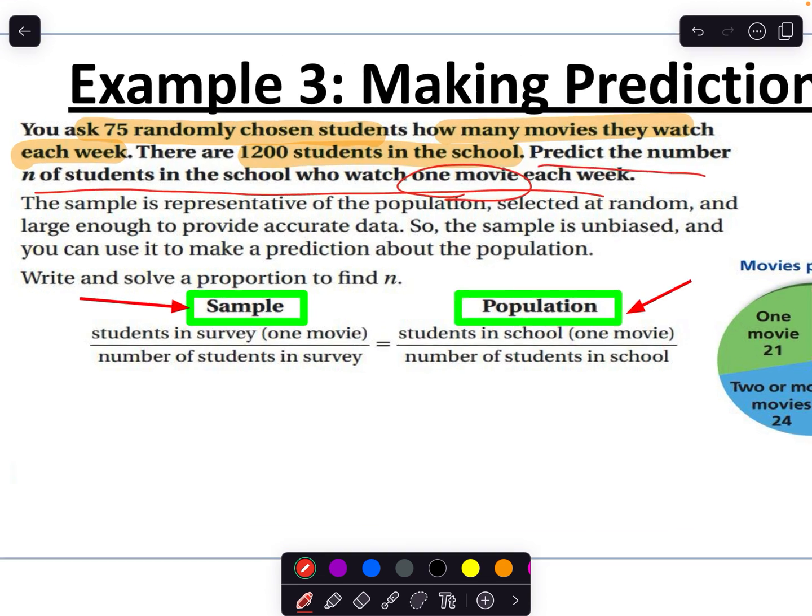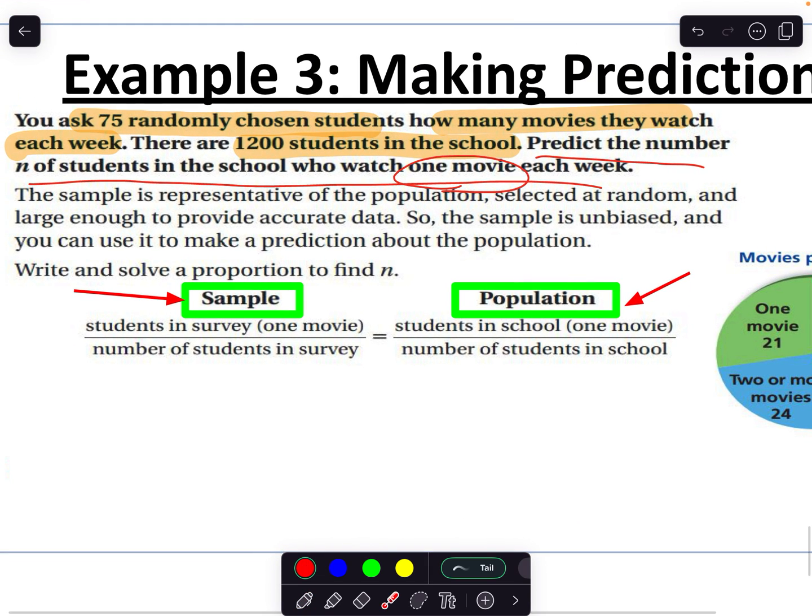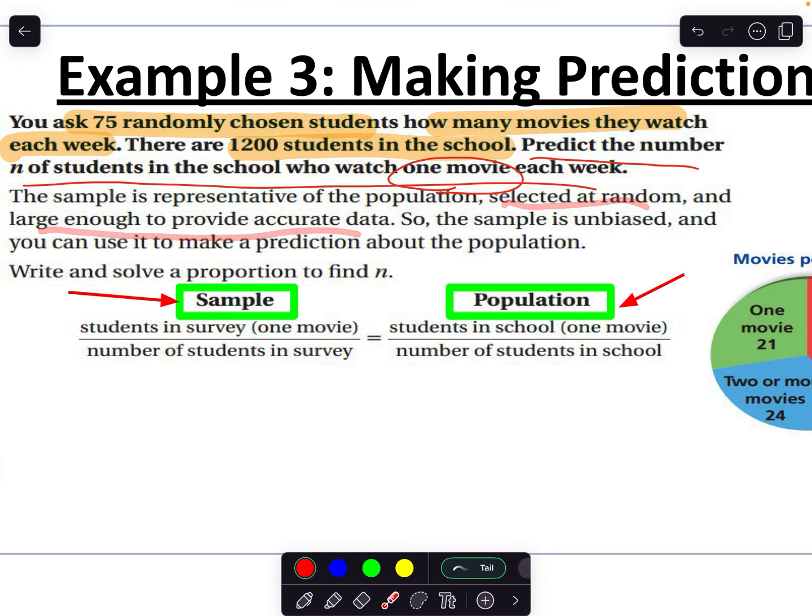Okay, so I'll just read this part here because this is kind of good to focus on. The sample is representative of the population. So if you have an unbiased sample, it is representative of the whole population. It's selected at random and it's large enough to give us good data. So since it's unbiased, we can use it to make a prediction.